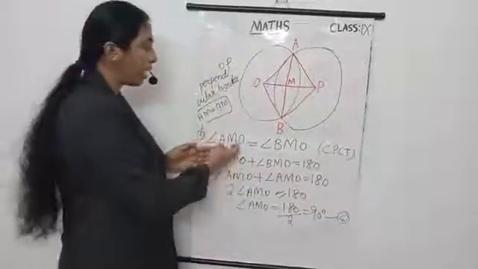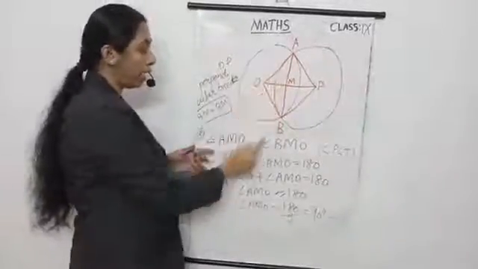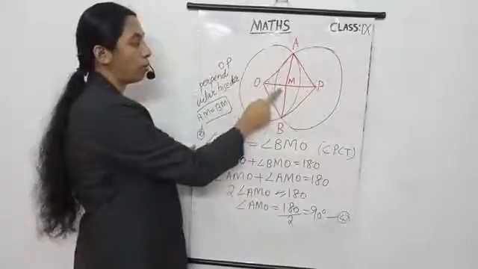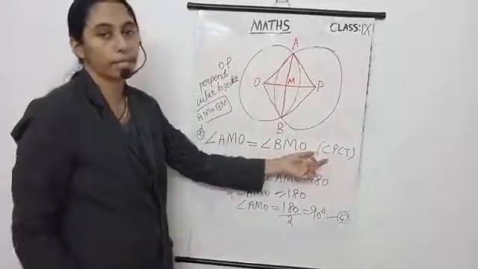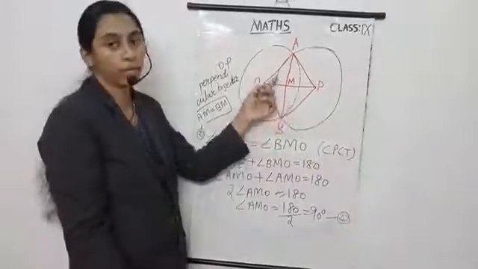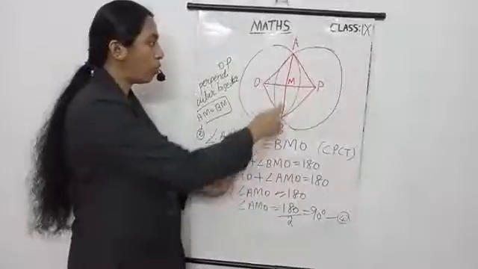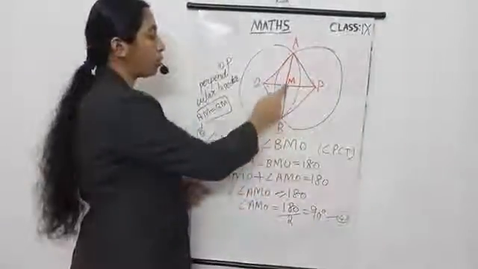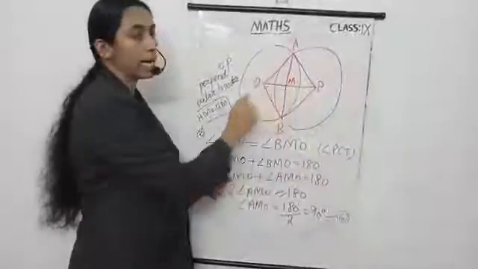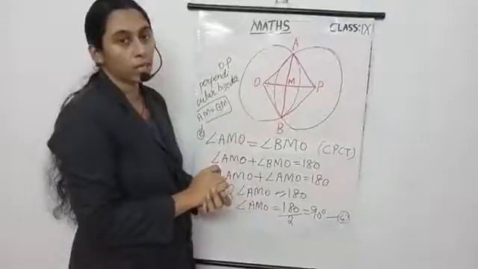Now angle AMO, that means this angle, and angle BMO, that means this angle, both are equal according to CPCT, corresponding parts of congruent triangles. Now angle AMO and angle BMO are a linear pair. So if we add these two angles, we get 180.